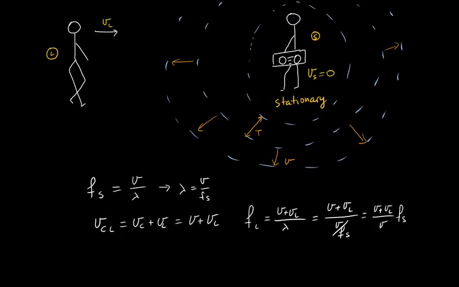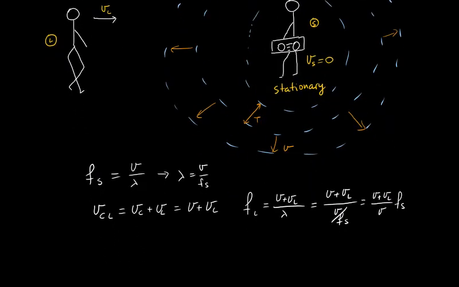Let's make it a little bit nicer: the frequency that the listener hears equals 1 plus the speed of the listener over the speed of the crest, times the frequency of the source.